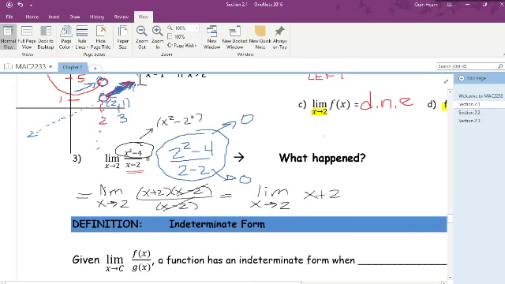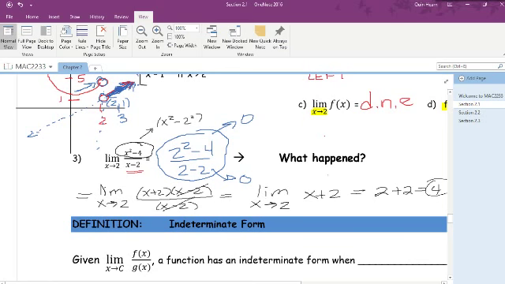So you can try simplifying and then plug in again. Now, can we plug into this one successfully? Yes, that's going to be 2 plus 2 equals 4. So it turns out that the limit is 4.